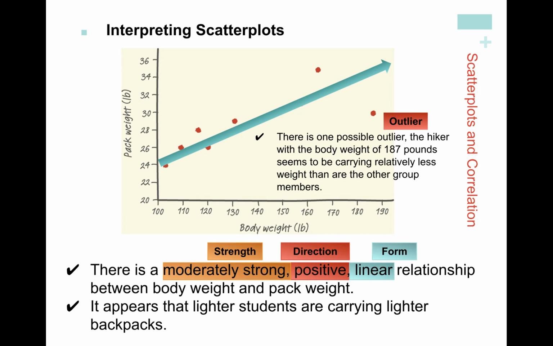For direction, there's really only two directions that we're looking for, either a positive association or a negative association. With a positive association, as x increases, y also increases. The overall shape is that the dots are moving upward to the right.